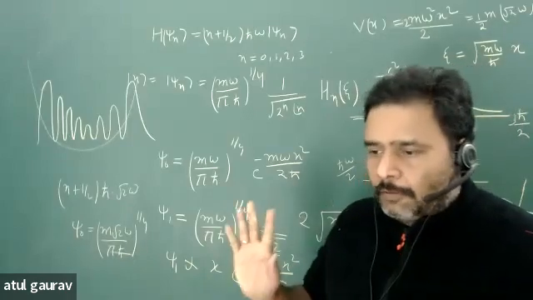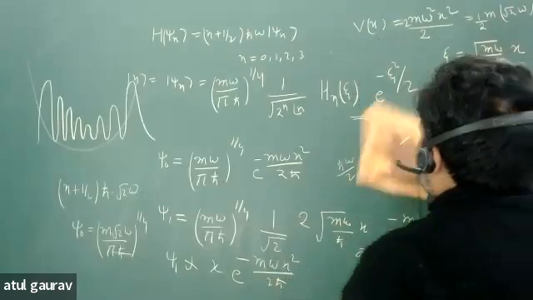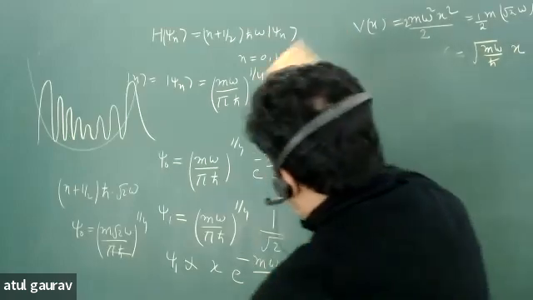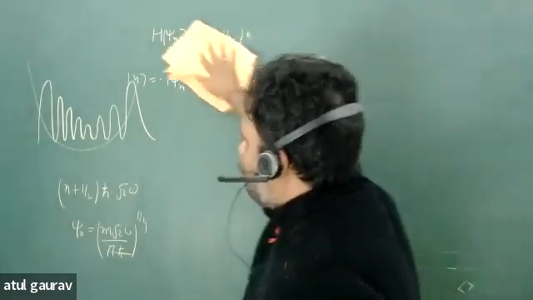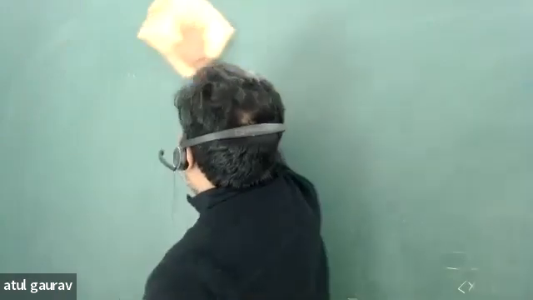0. Okay. So let's try to go for some basic problems. Again, postulates are very important. You have to work with postulates every time, and then you can apply this on the harmonic oscillator.